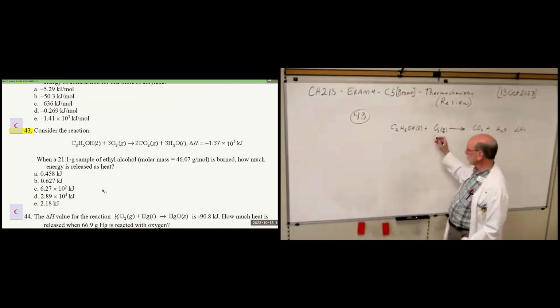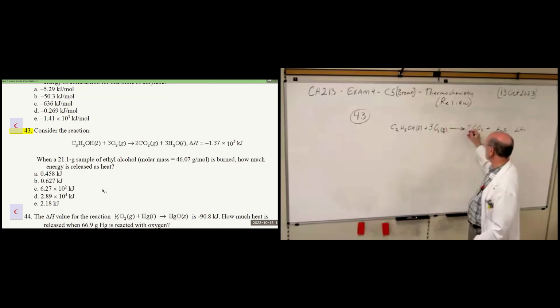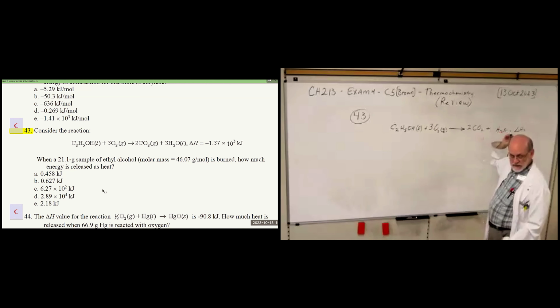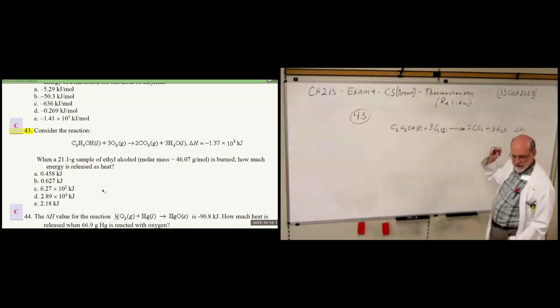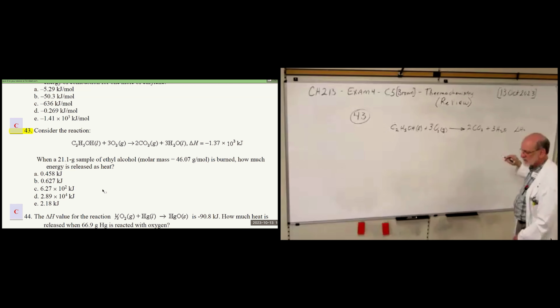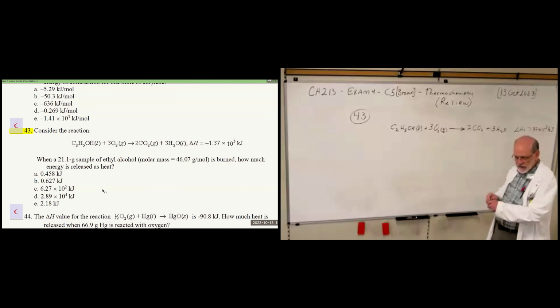This is a 3, this is a 2, and this is a 3. And we have minus 1.37 times 10 to the third kilojoules.